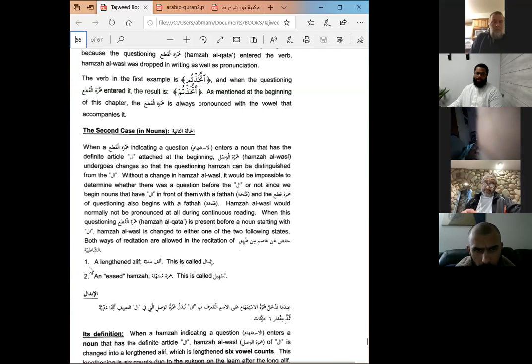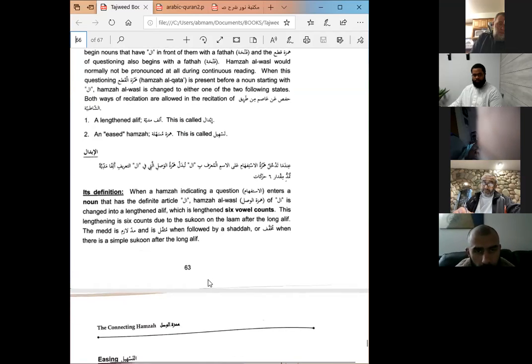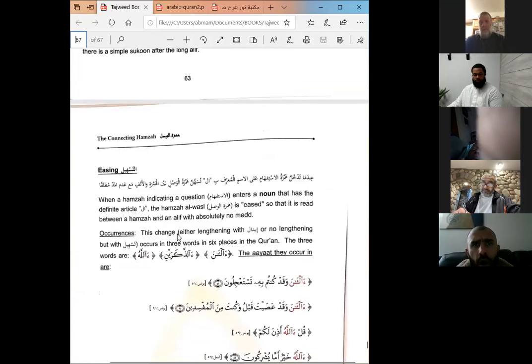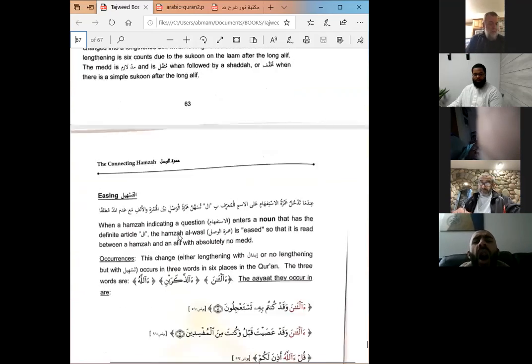The first way is lengthening alif. This is called ibdal. The second way is an eased hamza. This is called tasheel. Okay? So I'm jumping to the examples.